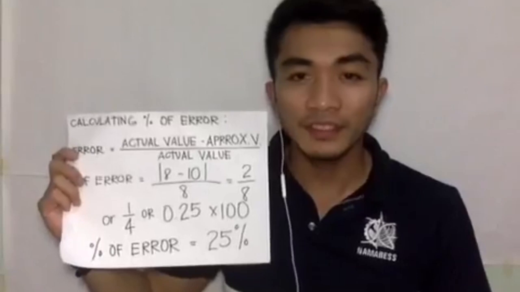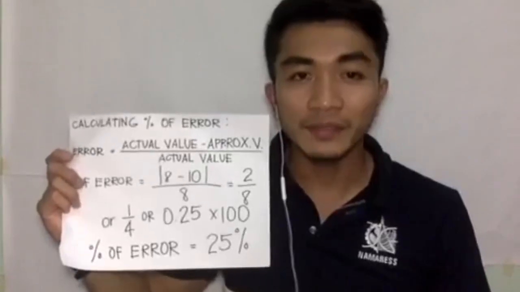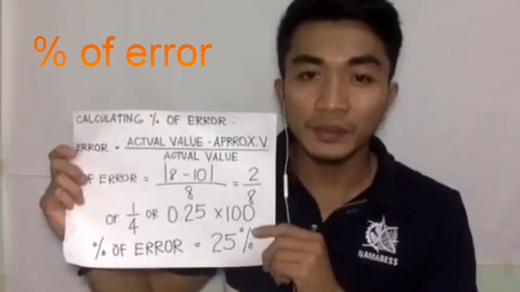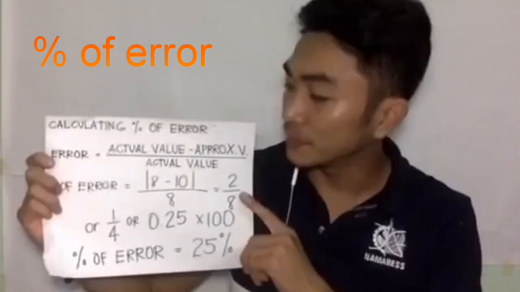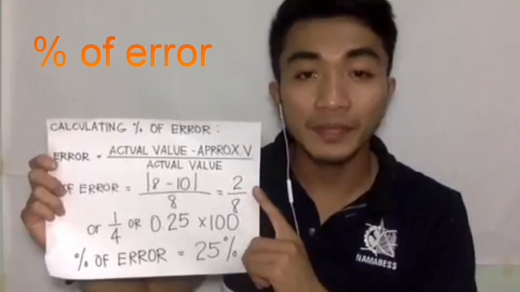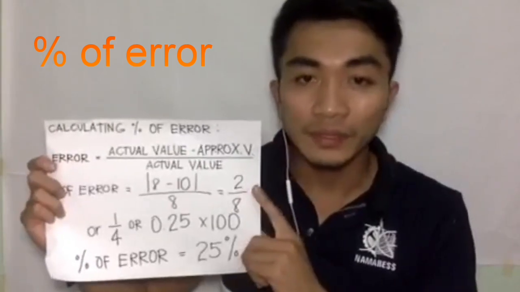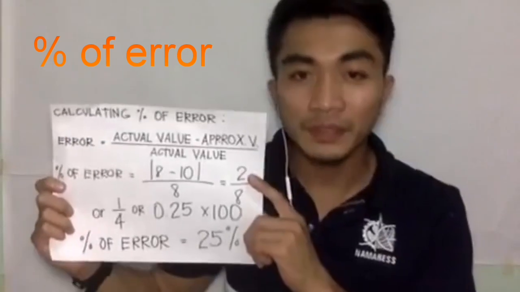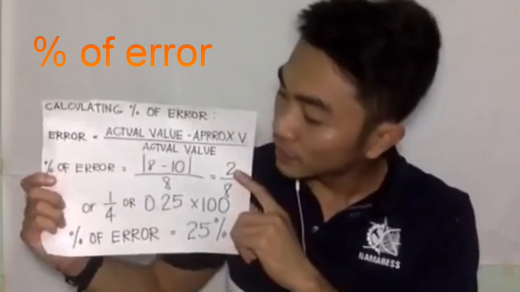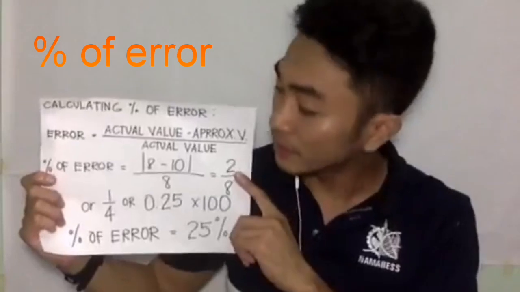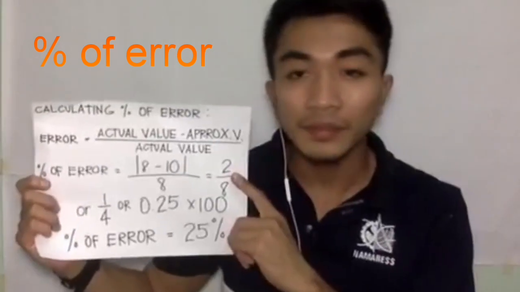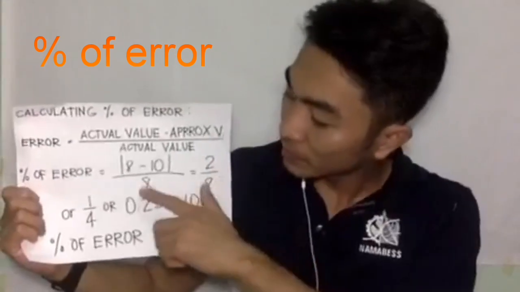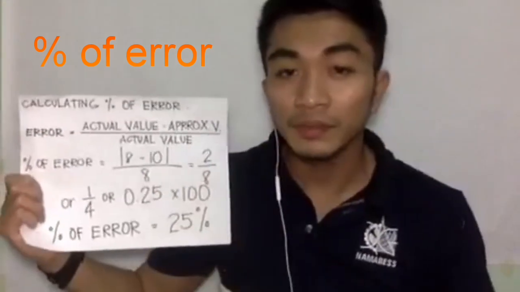This is how we calculate the percent of error in Euler's method. Error is equal to actual value minus approximated value over actual value. For example, percent of error is equal to the absolute value of 8 minus 10 over 8. 8 minus 10 equals negative 2.